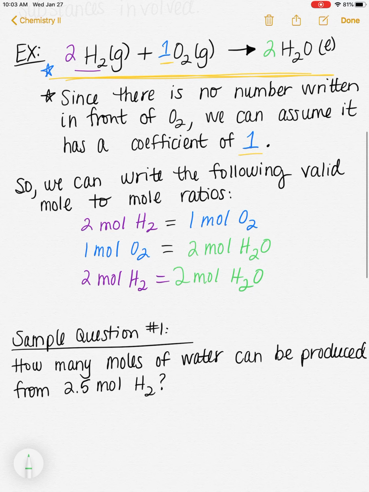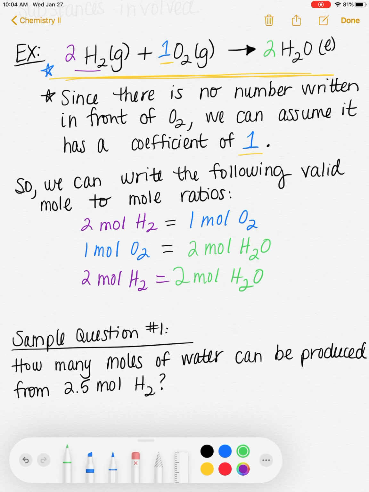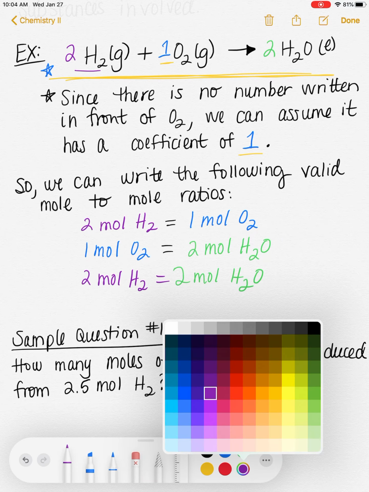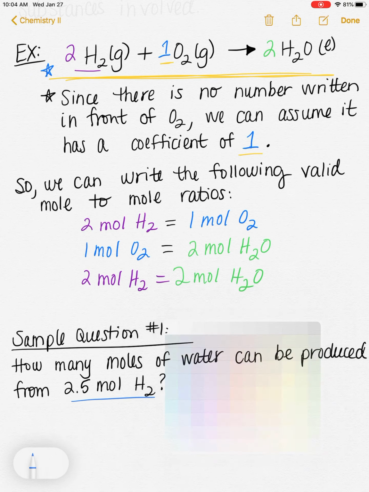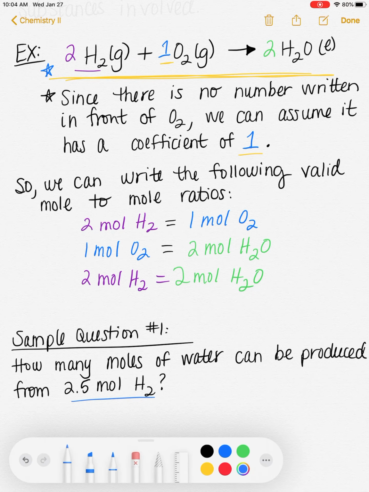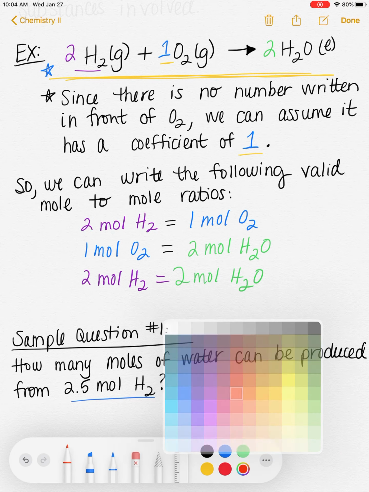All right, so our first sample question today says, how many moles of water can be produced from 2.5 moles of H2? We are going to begin by writing the number and unit that we are given in the problem. So in this case, we have 2.5 moles of H2. Let me pick a different color that'll kind of stand out here.